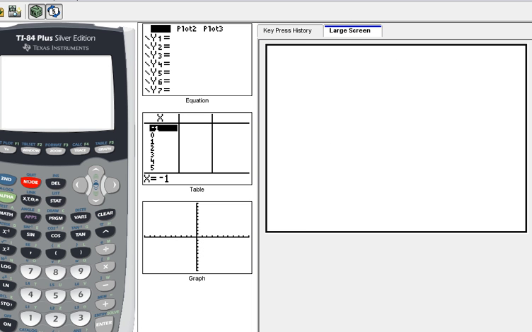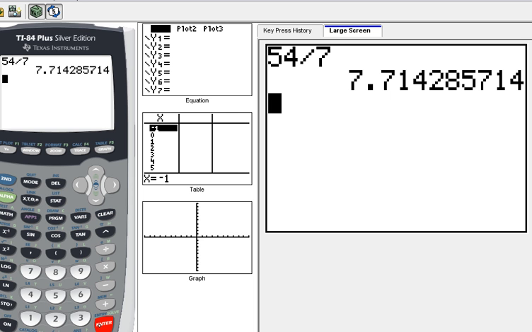I'm going to punch in 1 divided by parenthesis. Actually, you know what might be easier? Let's take 54 divided by 7 and get that decimal value, because now you can use your grab function. Oh, I don't have the grab number like you guys do. Sorry, you can go up and grab. I'm going to have to do it the long way.